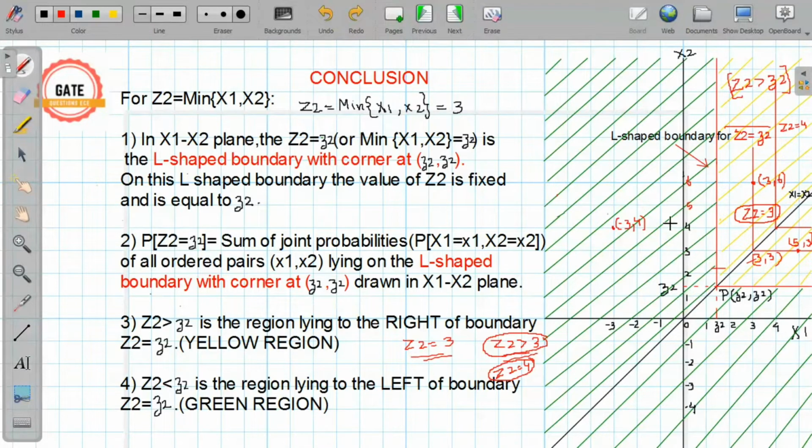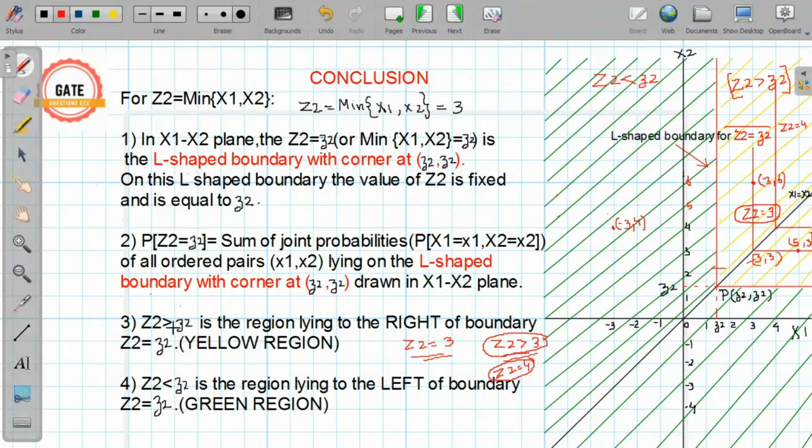So the collection of all those L-shaped boundaries which lie to the left of this capital Z2 is equal to small z2 line will always satisfy Z2 less than small z2. So all those L-shaped boundaries which we can draw to the left of this L-shaped boundary, the collection of all those will satisfy capital Z2 is less than small z2.